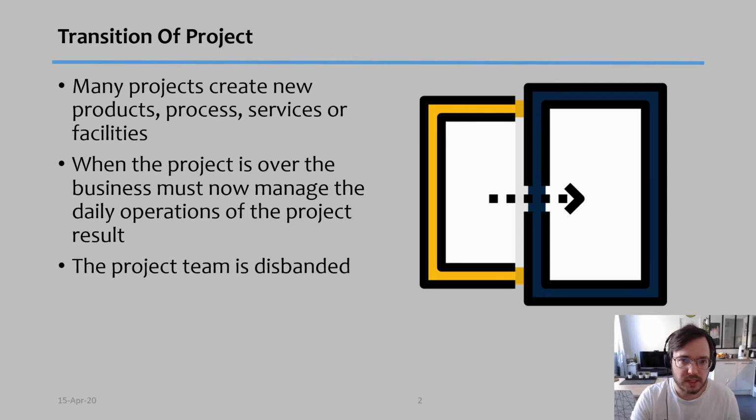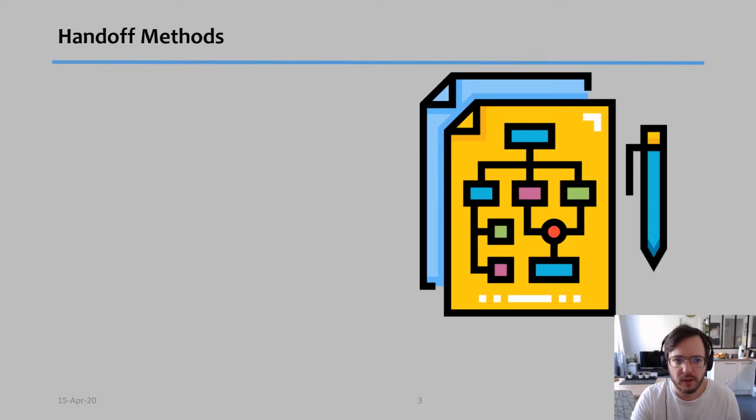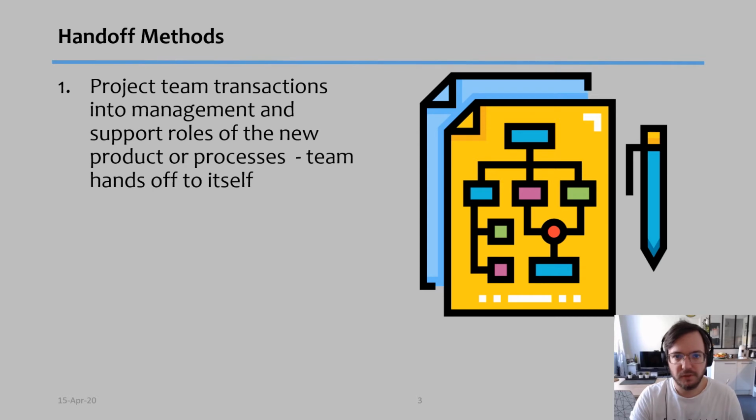So the project team in this case will be disbanded at the end of the project. They will be released in a way, and therefore there are different ways for this handout of the project results to be done. The first approach is that the project team stops working on the project and transitions into the management and support roles of the new product or process.